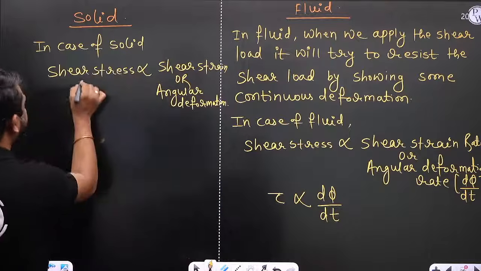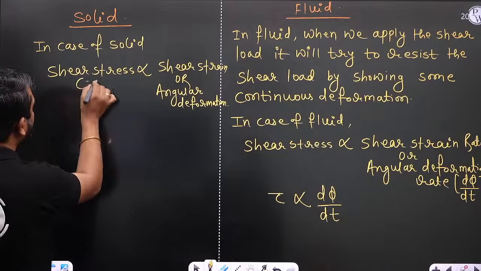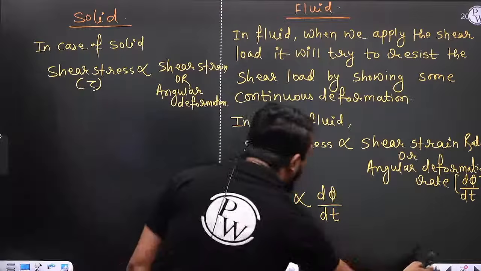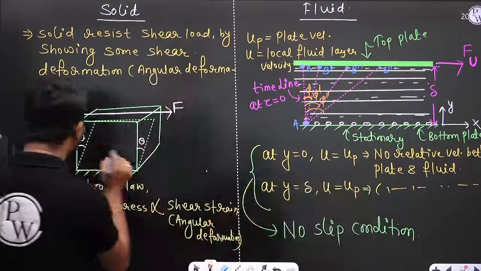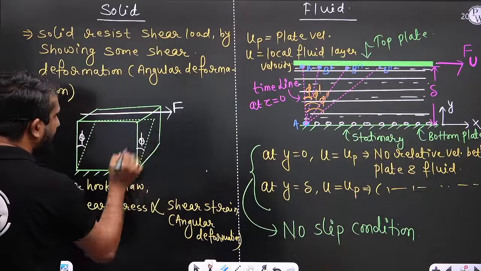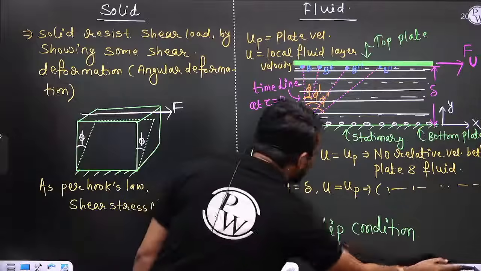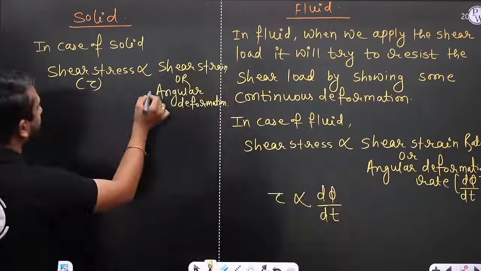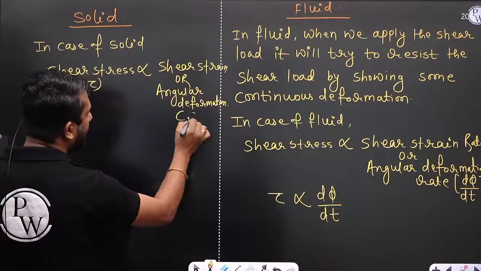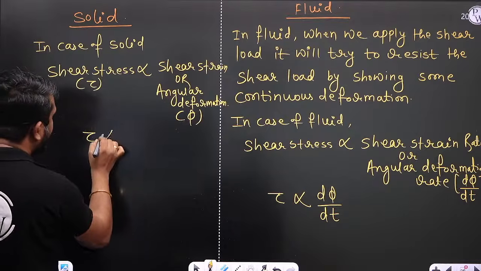Shear stress is denoted by tau, and this is angular deformation, here also phi. So in case of the solid, the shear stress tau is directly proportional to phi.